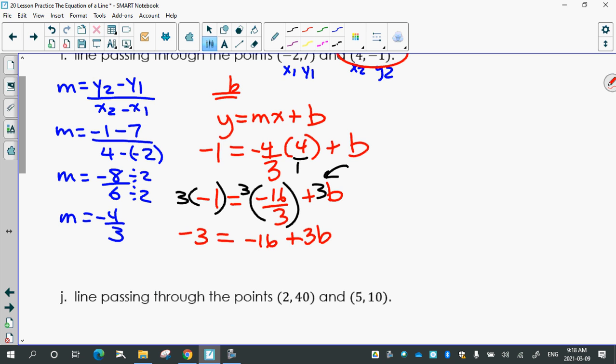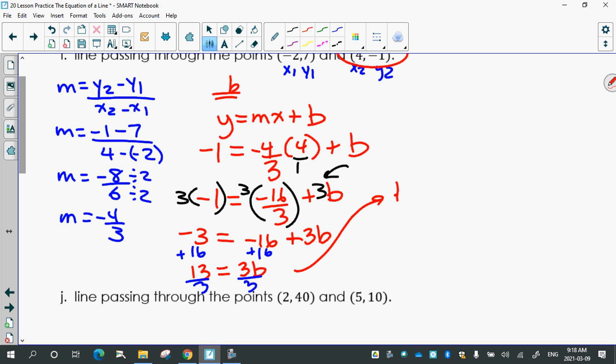And now I want to use reverse bad math to get b by itself. Yes? Add 16. So -3 plus 16 is 13. And then I would divide both sides by 3.